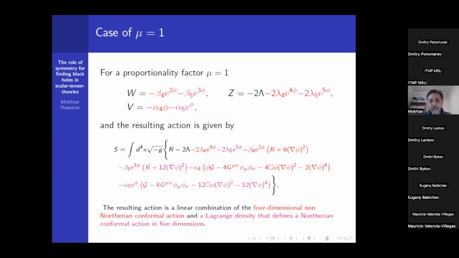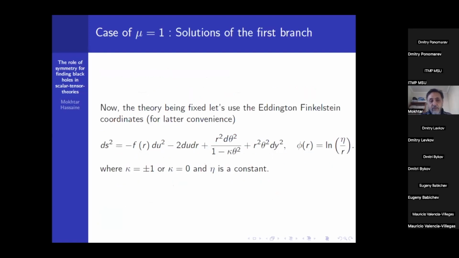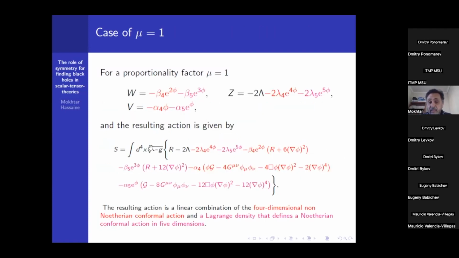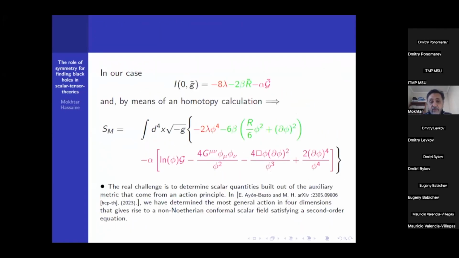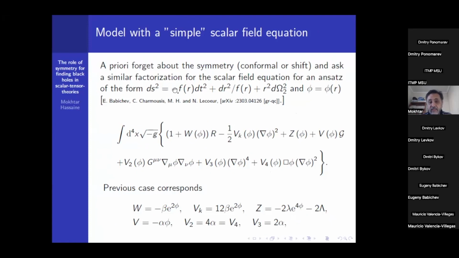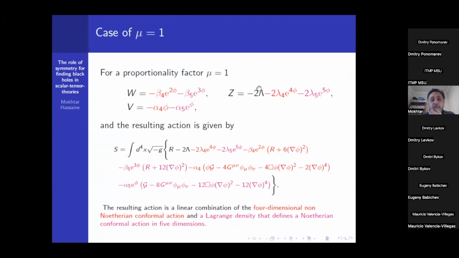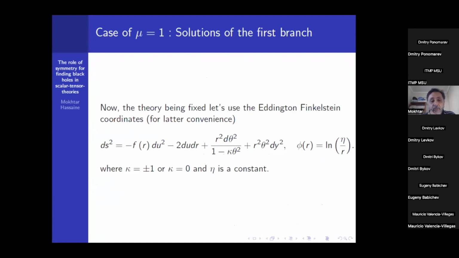Yeah, once we have done that, we have fixed the theory. I'm going to use the Eddington-Finkelstein coordinates for later convenience. I'm comparing that. It's exactly equivalent to that in this case. It's completely equivalent to this ansatz. I'm just doing this because afterwards I would like to present some other solutions. Okay. So U is the retarded or advanced time, and kappa is the curvature of the base manifold.